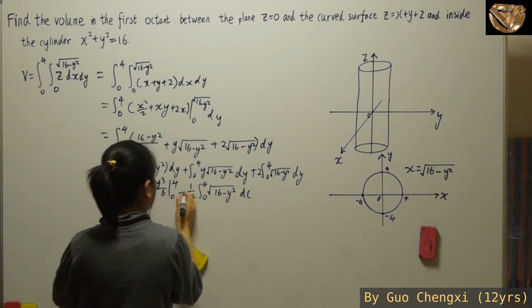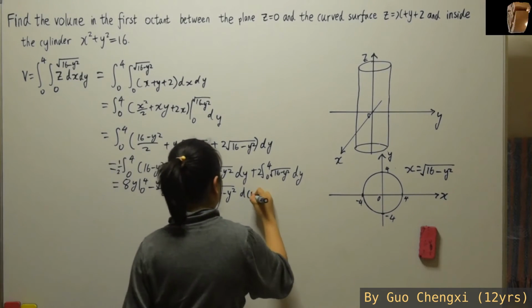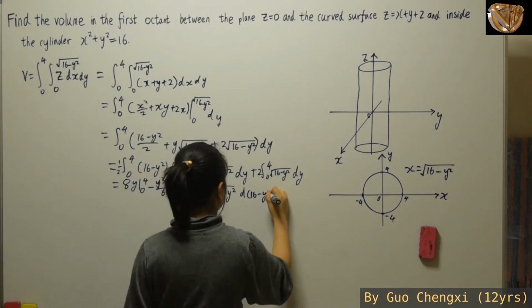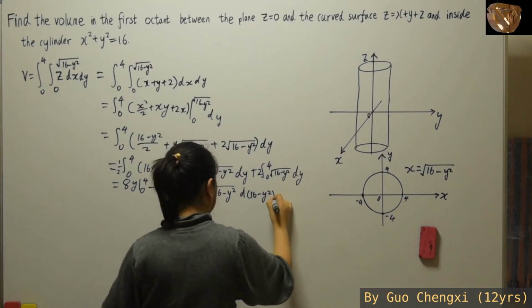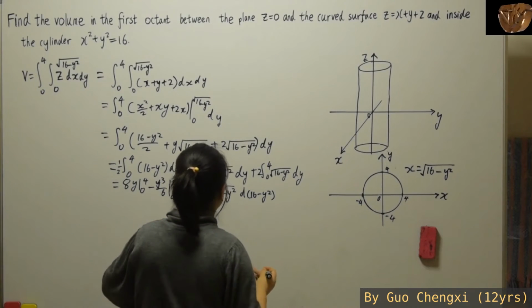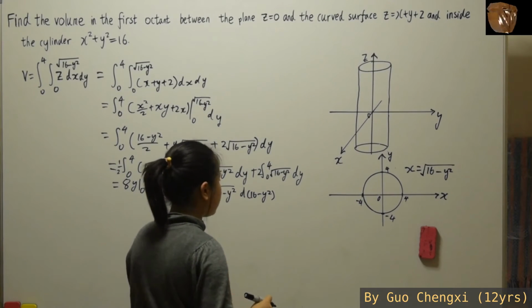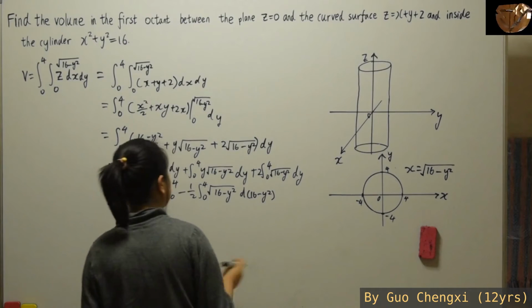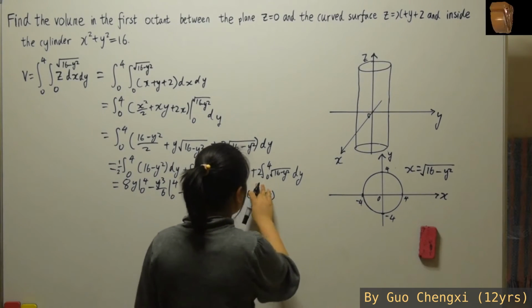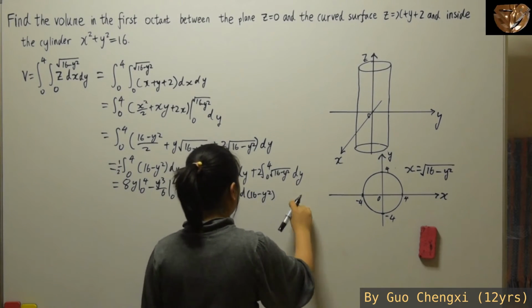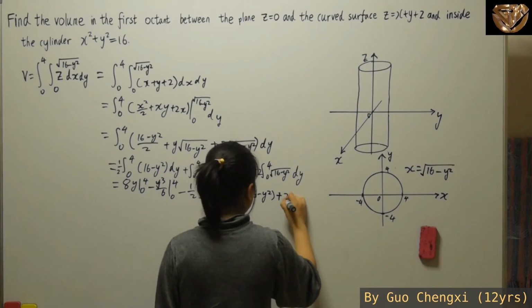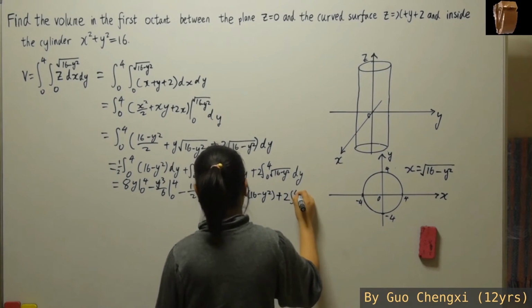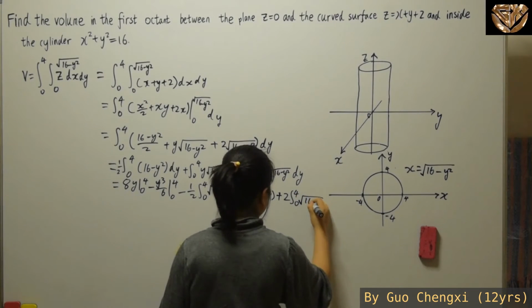So here it's going to become a minus, and here it's going to become 16 minus y squared. Well, for the 16 part, if you differentiate 16, it's going to become 0. So when you integrate the 0, it can be just any constant, or just stay at 0. So over here, for this part, we're going to make it stay the same, because we can't do anything with it for now.